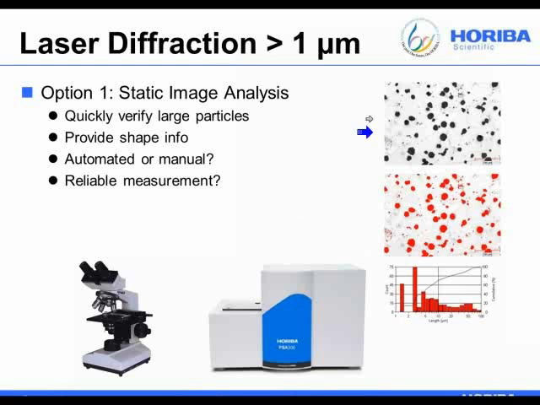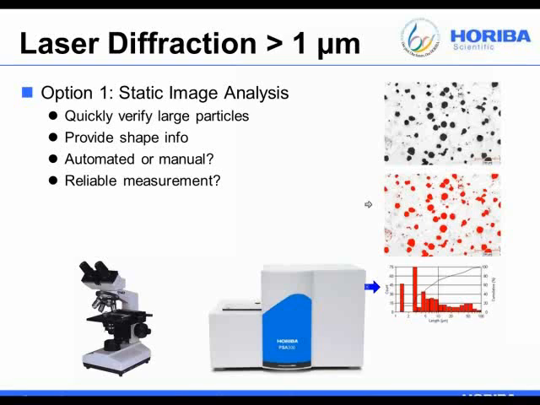And here's the basic process. You capture an image, you do some thresholding to say this is a particle and that's the background. You could apply different filters, so you measure high roundness particles differently than low roundness particles, and then you just get some distribution.